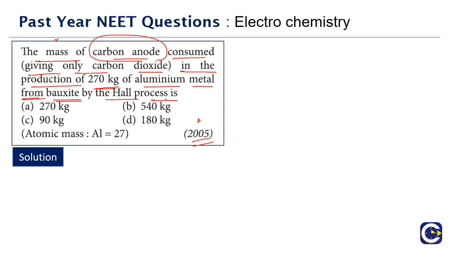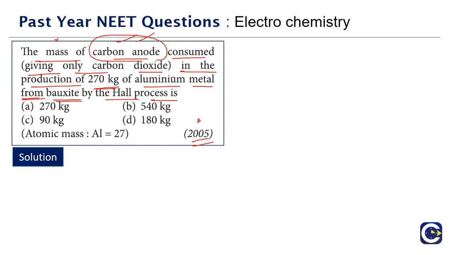So if you recall, in metallurgical processes we will study this. At the anode we will be using carbon. The reason is that at the anode during the electrolytic reduction of bauxite, oxygen is produced.